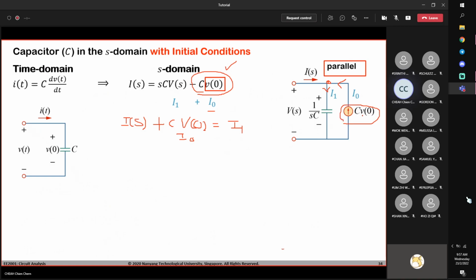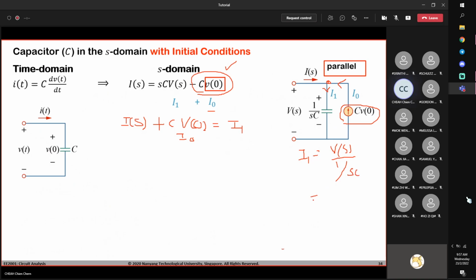So this one is represented by a current source over here, because it's constant. The other one is what you have seen with zero initial conditions, 1 over SC. If you look at I1 from here, the voltage across it is equal to Vs. V divided by impedance 1 over SC is equal to current.